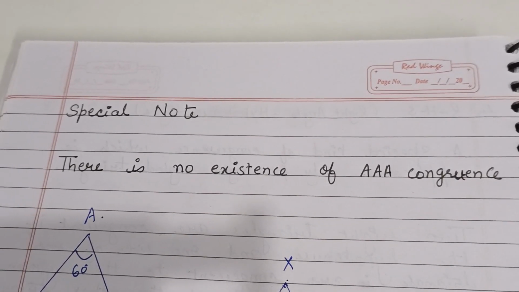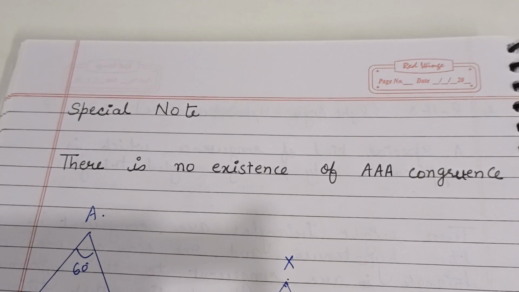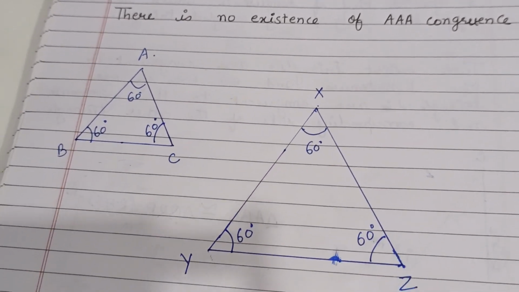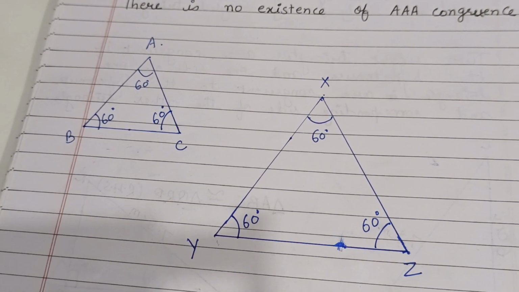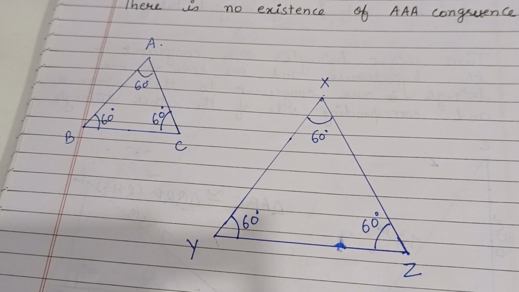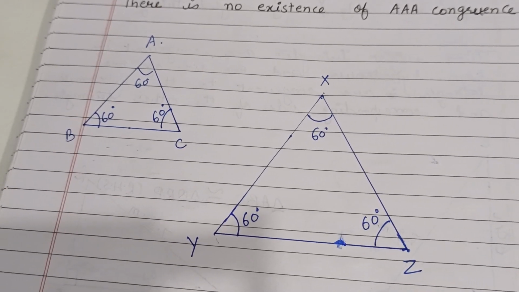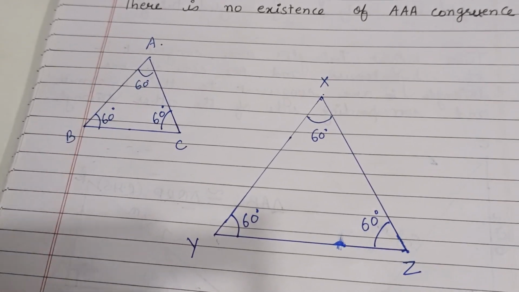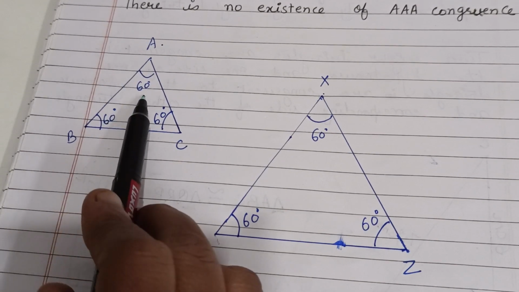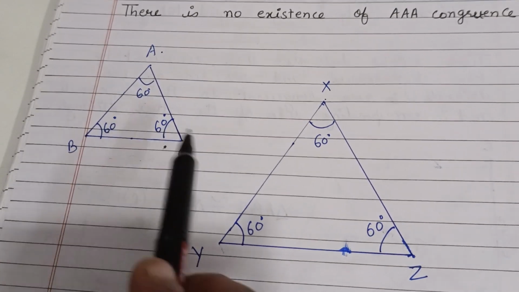Now at the end, there is a special note in the types of congruence. There is no existence of triple A congruence. Now why have I said so? You can see here, right now I have two equilateral triangles. In triangle ABC, all the angles are 60 degree, 60 degree and 60 degree.